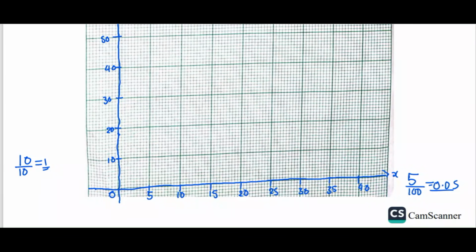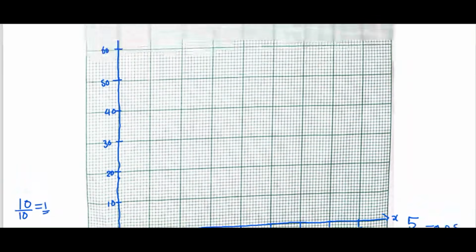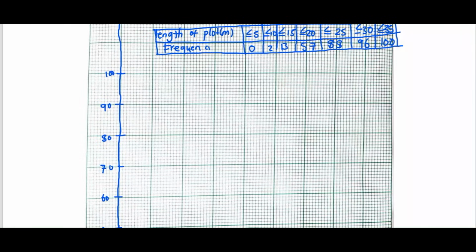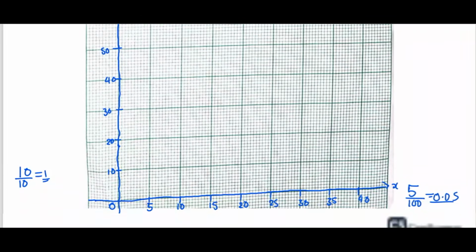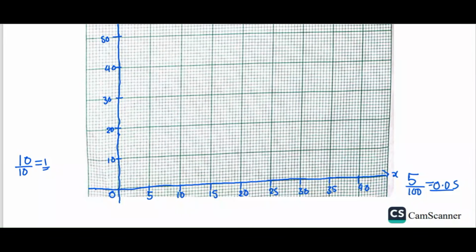So now let's look at the coordinates. The first value is 5,0, then the second one 10,2, 15,13. So the first one is 5,0, so 5,0 is here.